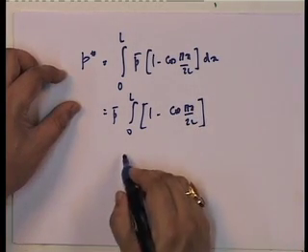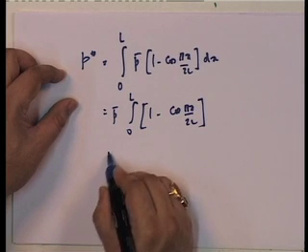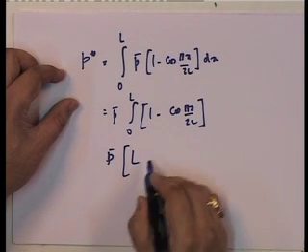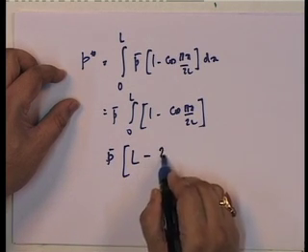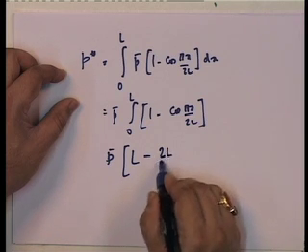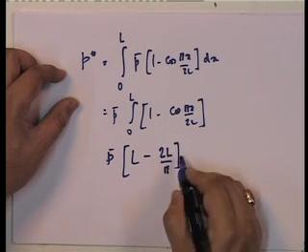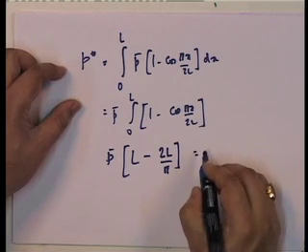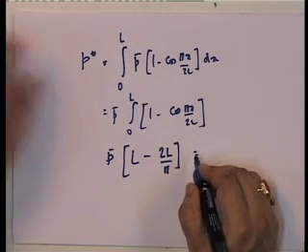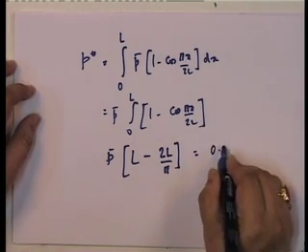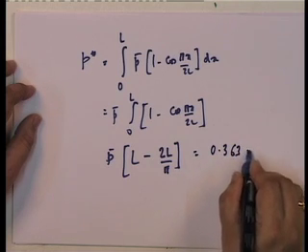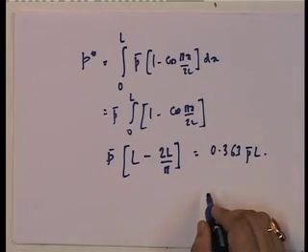This becomes equal to P bar L into 2L upon pi. So this becomes equal to 0.363 p bar L.